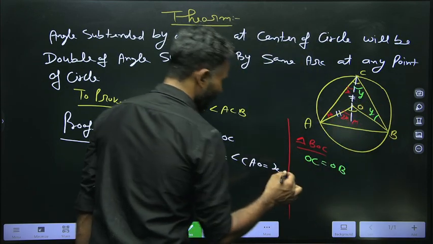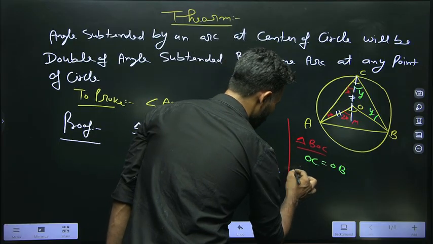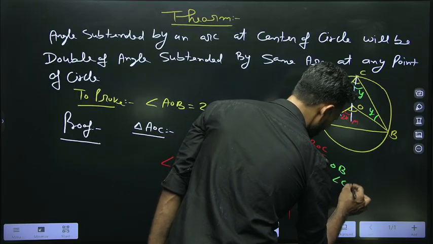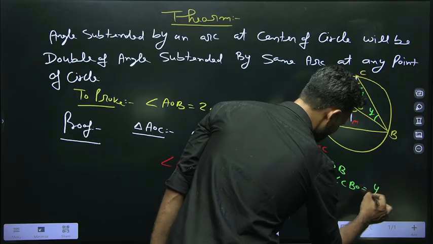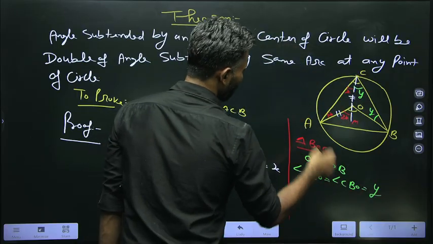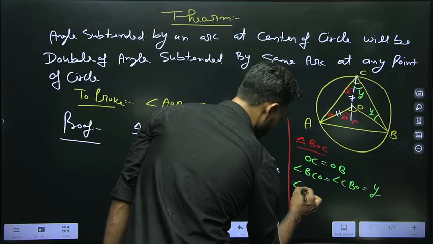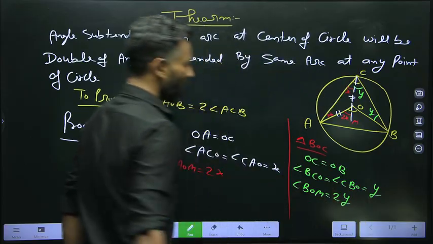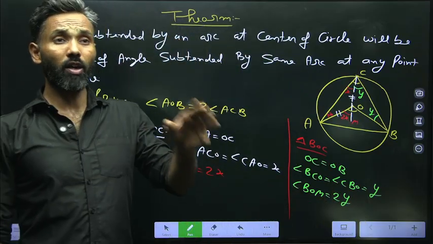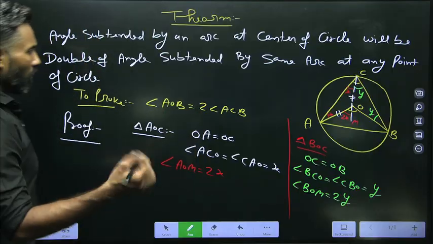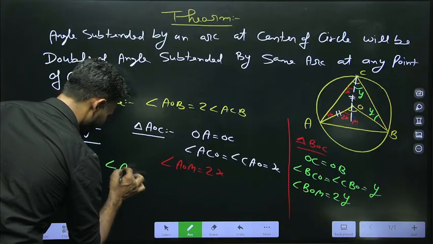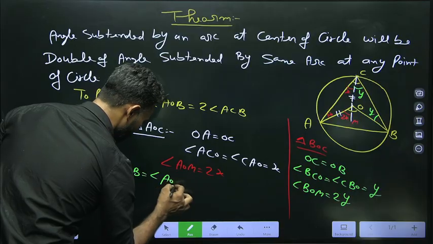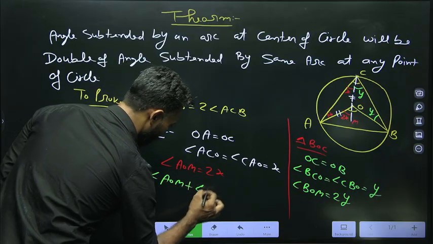So I can say that angle BCO will be equal to angle CBO, and let's assume each angle is equal to y. It means angle BOM will be equal to 2y, because one exterior angle of the triangle is equal to the sum of its two opposite interior angles. Now we can say that angle AOB is equal to angle AOM plus angle BOM.